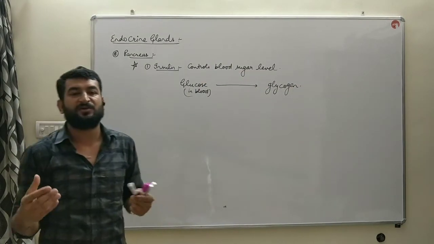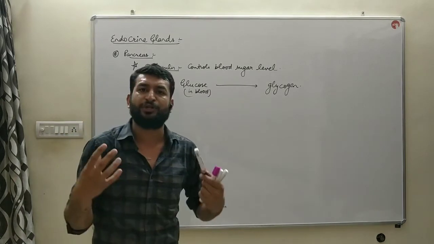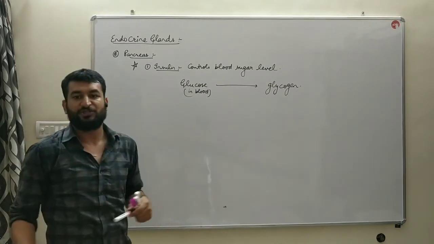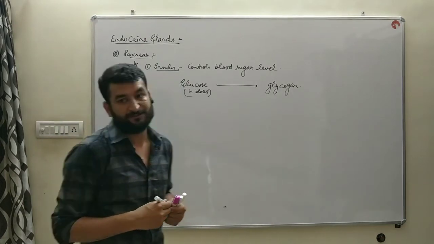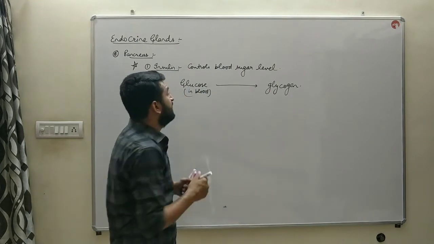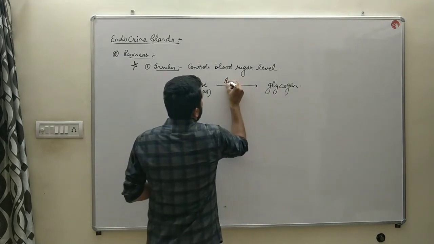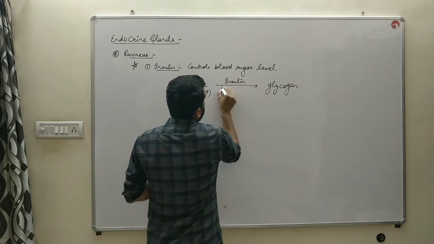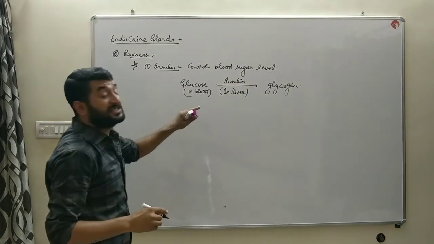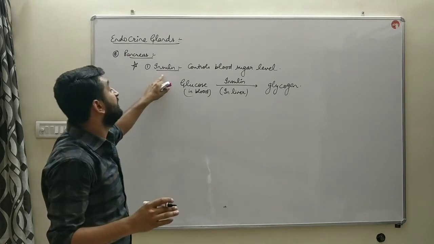In human beings or in animals, the energy derived molecule present in the body is glycogen, which is the stored food of animals. So the excessive glucose in the blood is stored in the form of glycogen by the help of insulin in liver. So bache, the target organ of the insulin is liver.